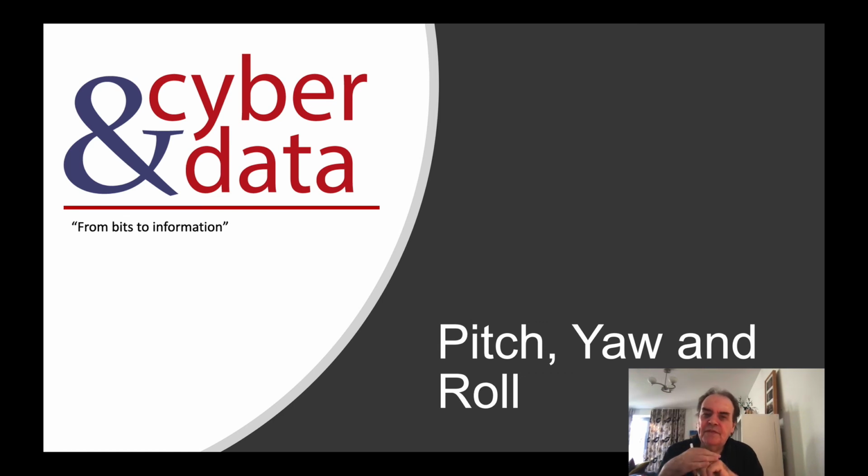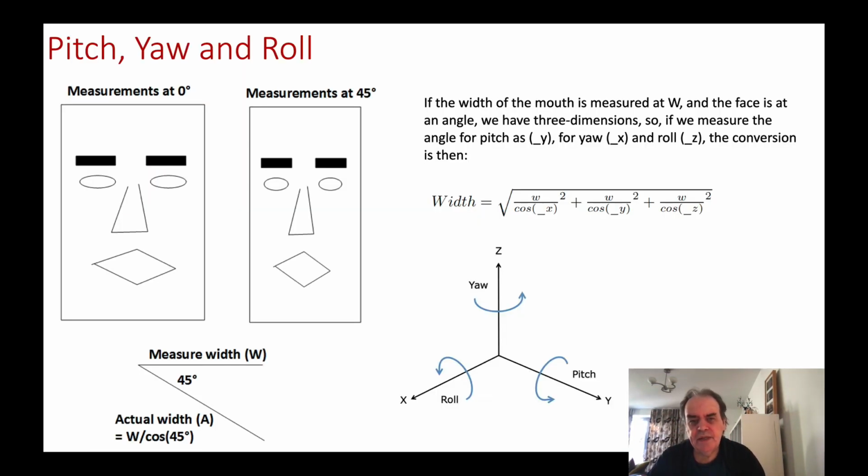An important factor in this is pitch, yaw, and roll, and it has to do with the way that the face is positioned when the photograph is taken. Obviously, if it's a 3D photograph, then it's easier to determine the angle at which the face is pointing, and this will be a 3D angle.